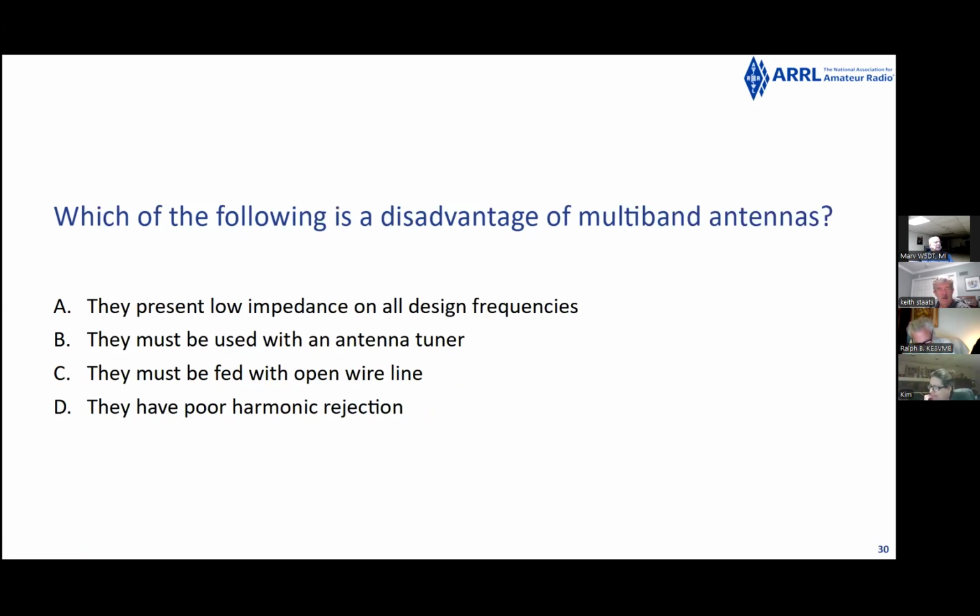Which of the following is a disadvantage of multi-band antennas? They present low impedance on all design frequencies. They must be used with an antenna tuner. They must be fed with open wire line. They have poor harmonic rejection.